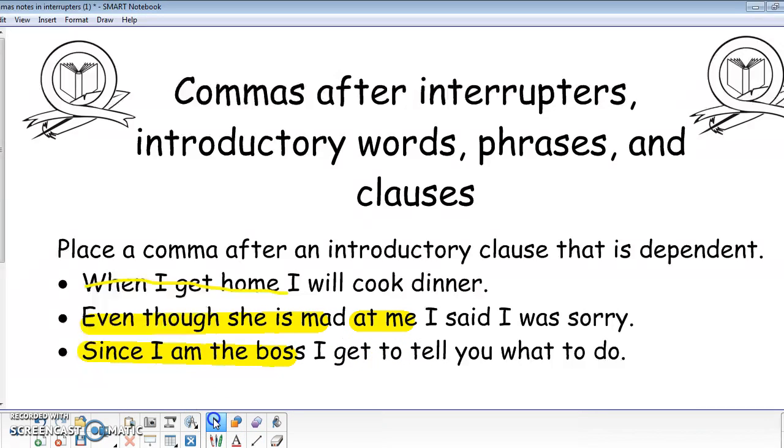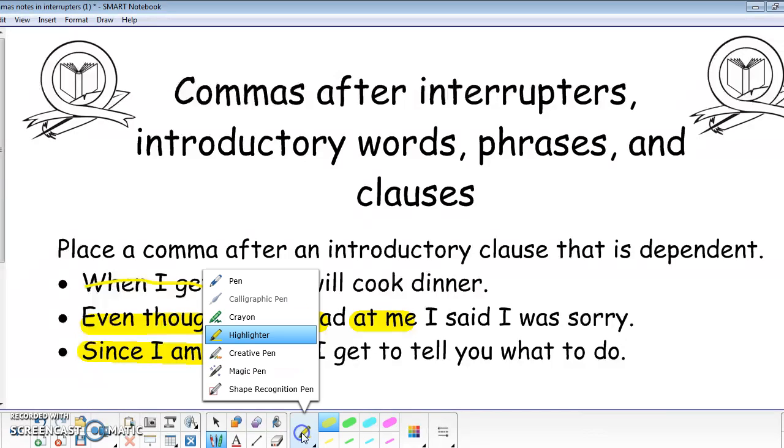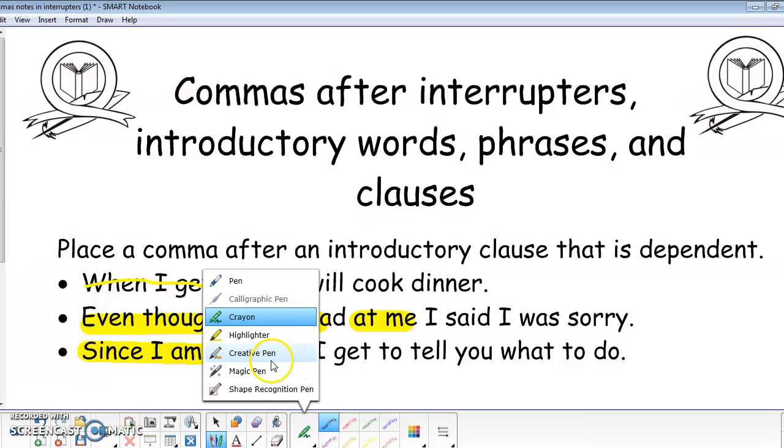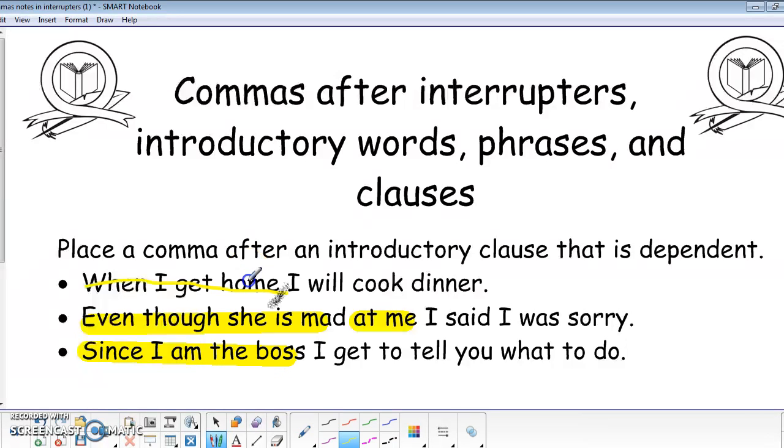Okay, so now you know after dependent clauses, you put a comma. So when I get home, comma. Sorry guys, gotta do a different pen. Even though she is mad at me, comma. Since I am the boss, comma.